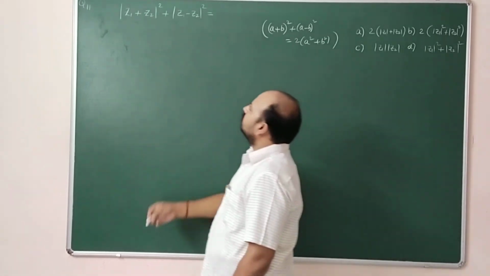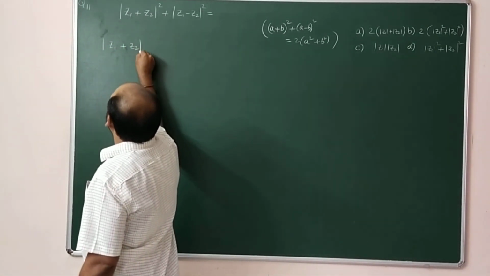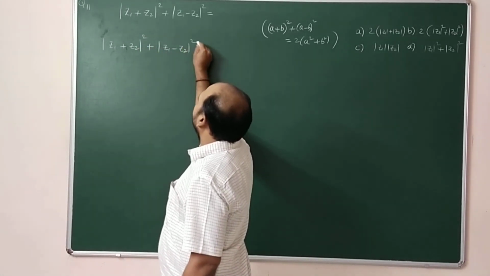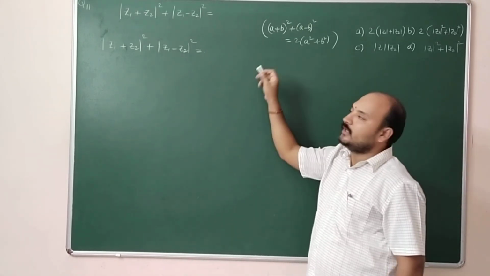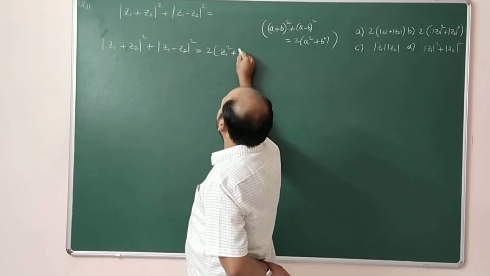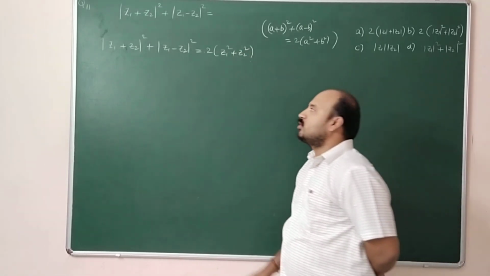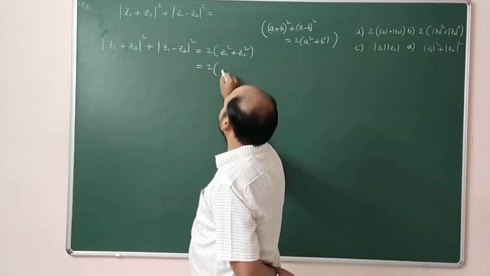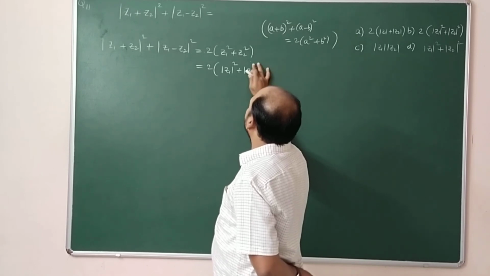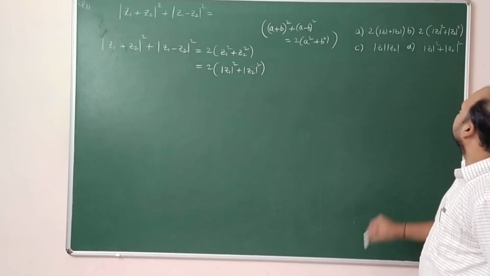So here also, by using this formula, it will become 2 into z1 square plus z2 square. But z1 square is always equal to mod z1 whole square. According to the options, you can go with mod z1 square plus mod z2 square, which is there in the second option.